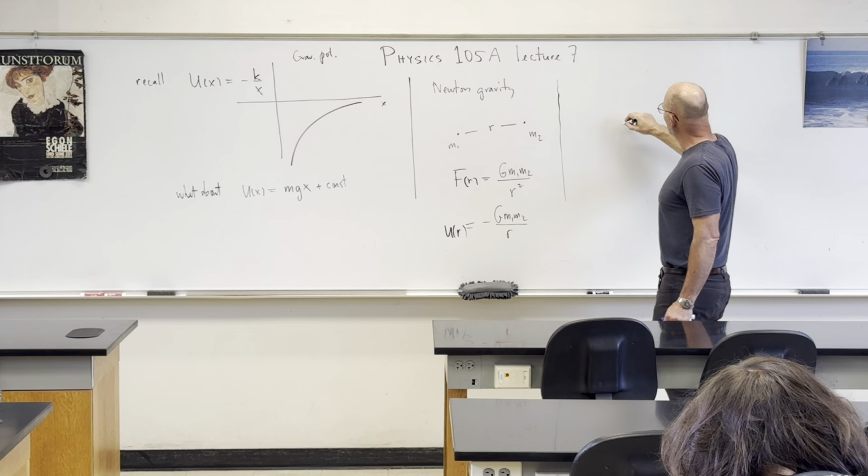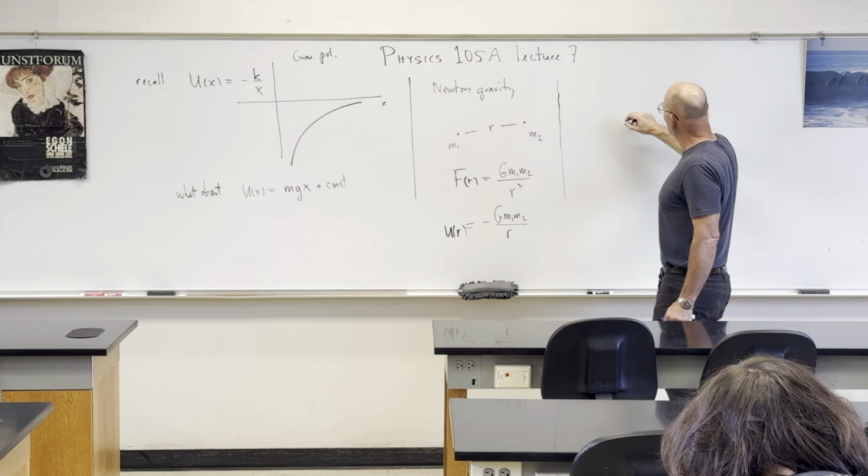So what I'll do here is talk about Newton gravity explicitly. This is going to be a major topic later in the semester, but this is something you have seen before. If you had two masses separated by a distance r, what was the law of gravity between them?